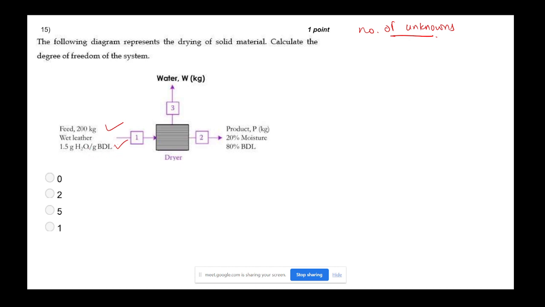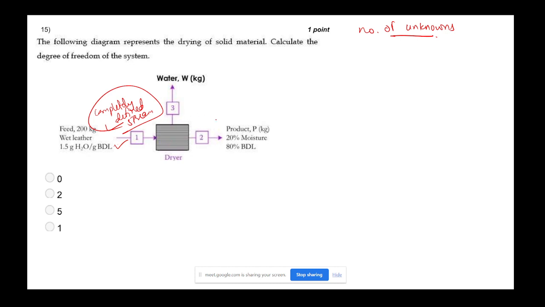So obviously you will know the weight of dry leather in it. So stream 1 is completely defined. Now it goes to the dryer. There is no reaction, because it is just the unit operation of drying.